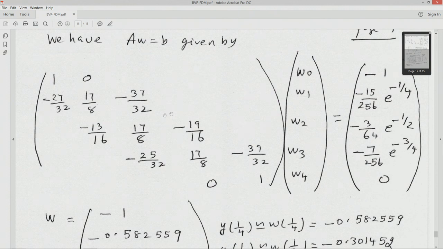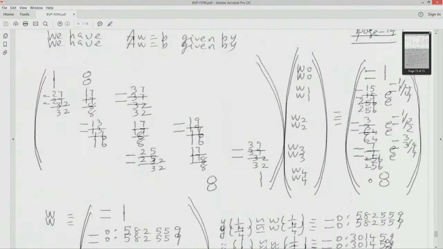Then at the interior points, we have the finite difference equation. From there, we write down these three equations. The last equation tells us that W n is 0. What is W n? That is W4. And so, W4 is 0, and that is what is expressed here in the last row of this system.